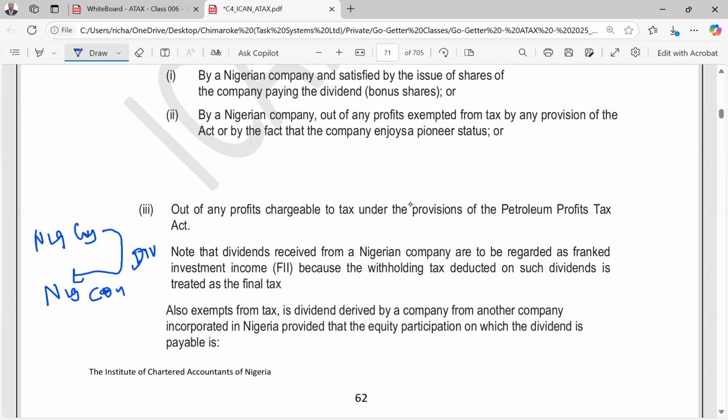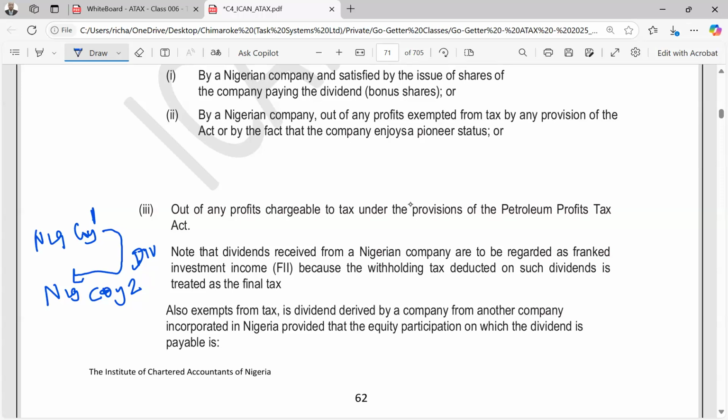Now, as this second Nigerian company is receiving from company one, it is exempt from tax. This is because the withholding tax deducted on such dividend is treated as final.